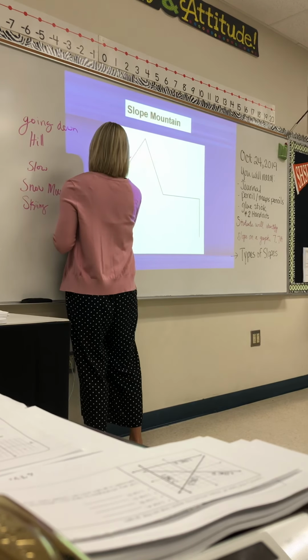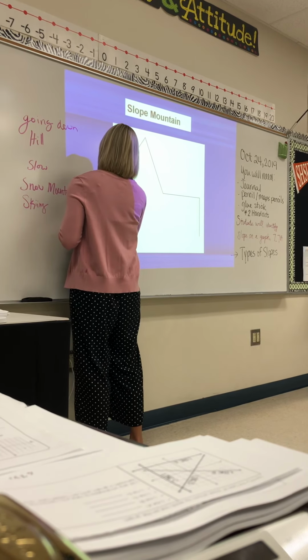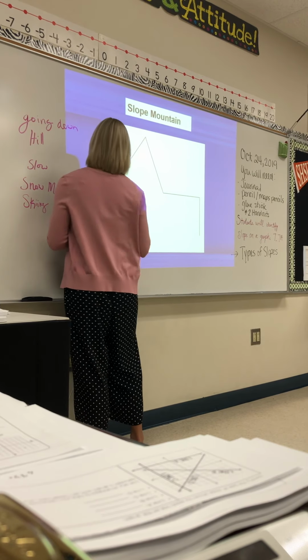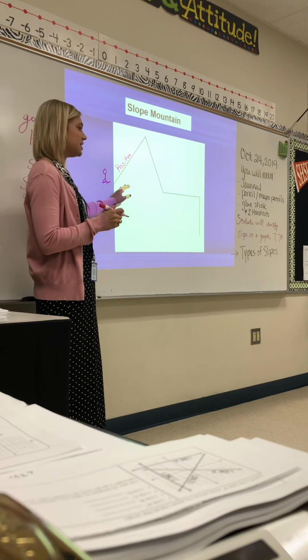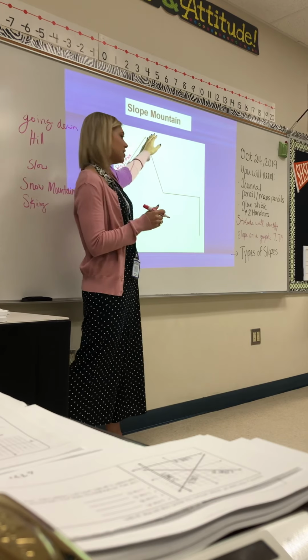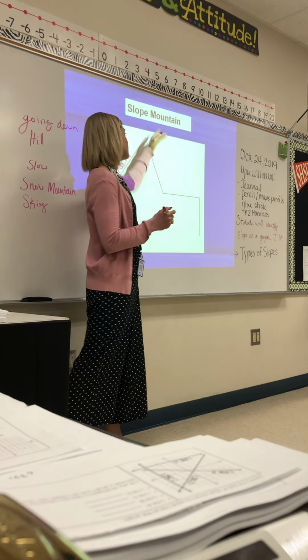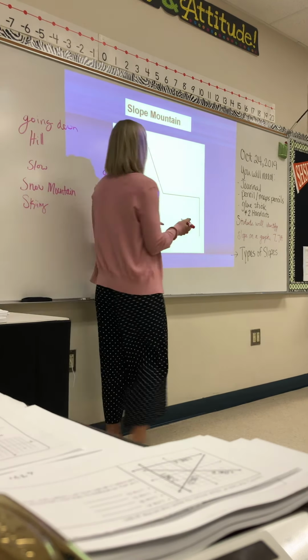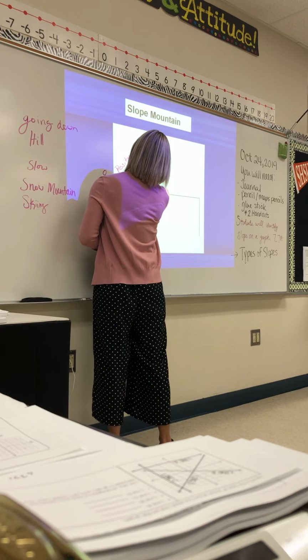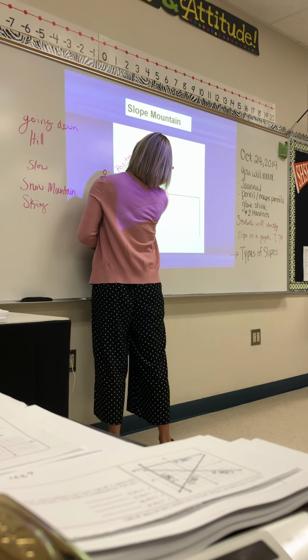Have our little stick guy. He's going to ski up the mountain and it's going to take a lot of energy to go up the mountain. And so we're going to have to keep adding energy, adding numbers. We're going positive, we're going up the mountain. To go down the mountain, it's a negative.